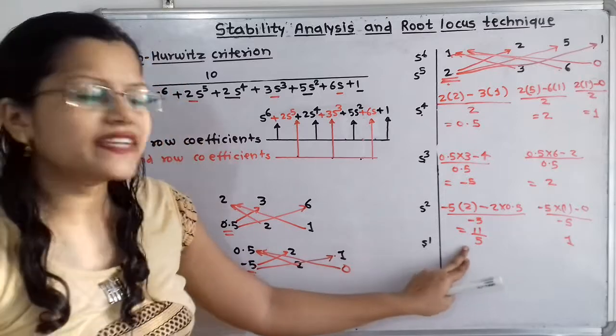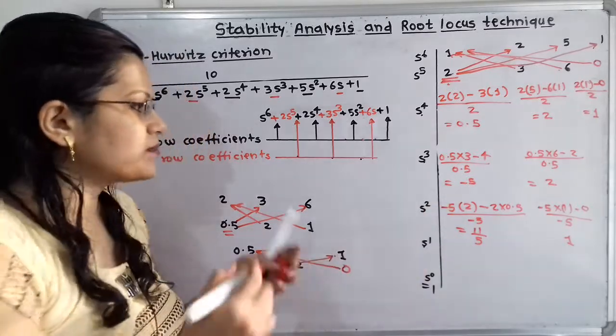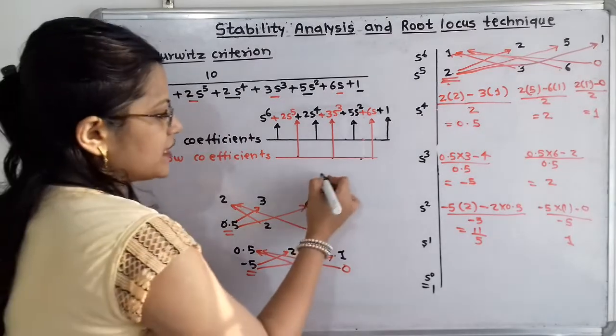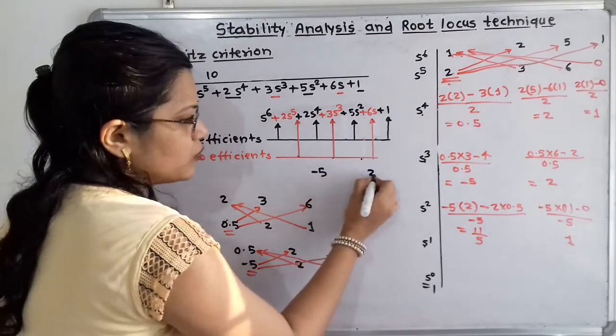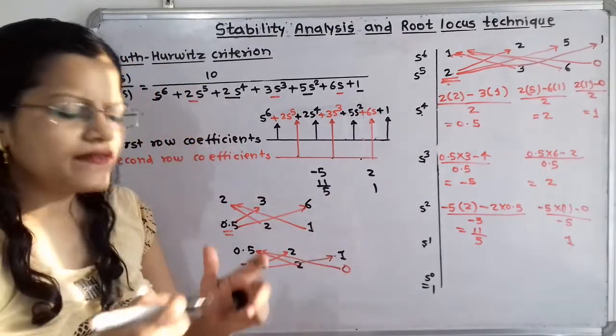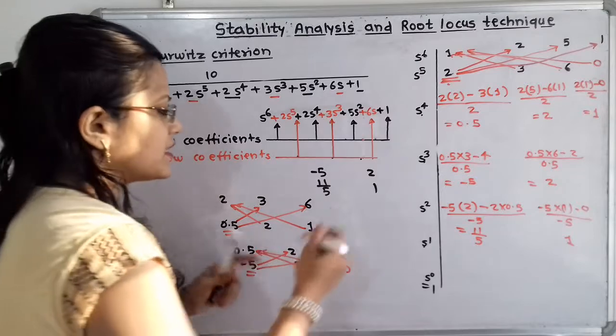So again we will rewrite these two rows, that is minus 5, 2, 11 by 5, and 1. So I will write here minus 5, 2, 11 by 5, divided, and here 1. Again we will make the calculation. Here it is easy.